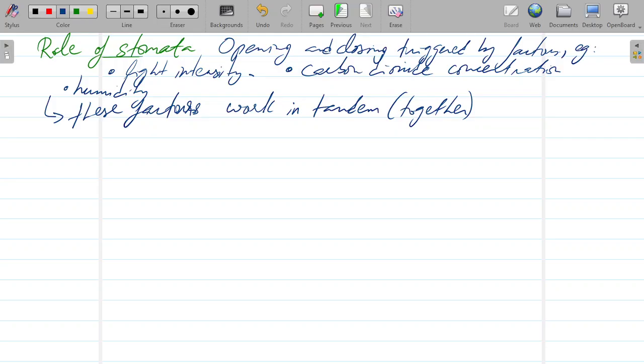If water is being lost, then the stomata will close, as we mentioned a number of times already in today's class, and to prevent wilting from happening. So all of that affects whether the stomata remain open or closed.